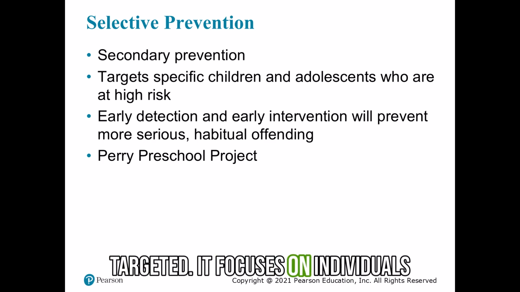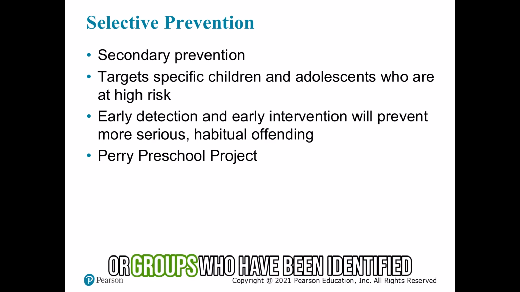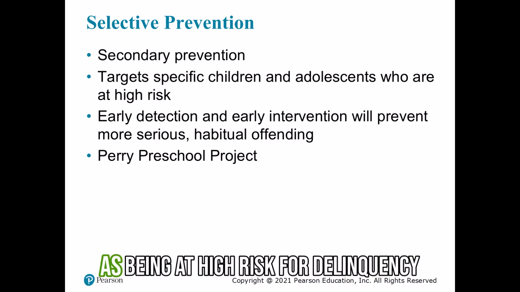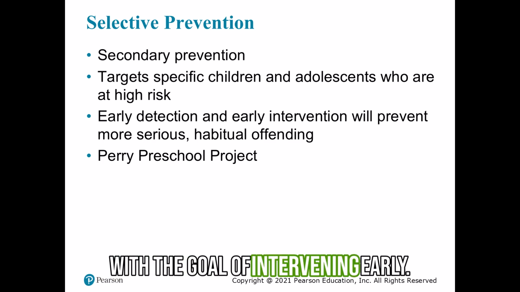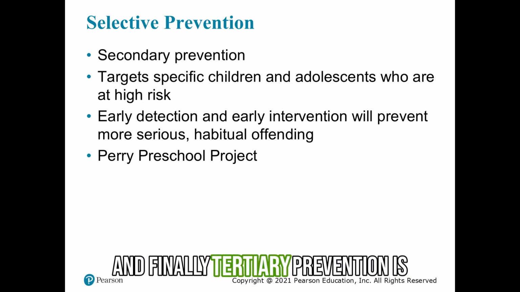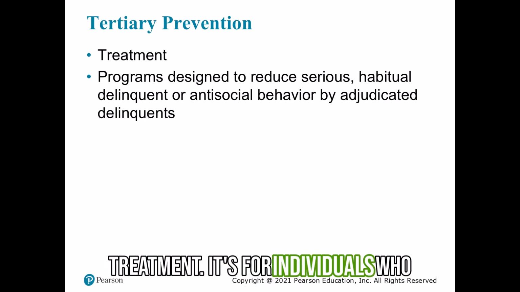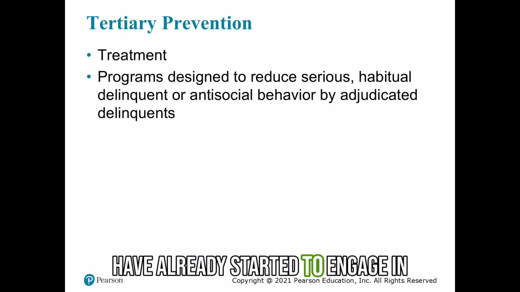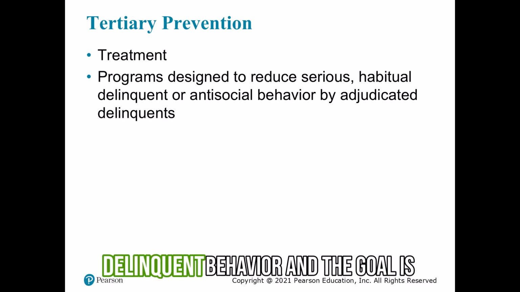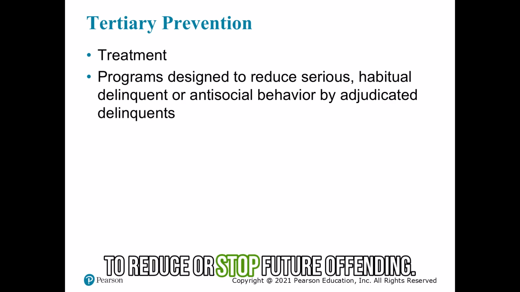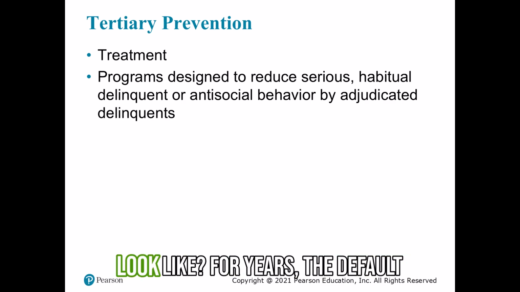It focuses on individuals or groups who have been identified as being at high risk for delinquency with the goal of intervening early. And finally, tertiary prevention is what we usually think of as treatment. It's for individuals who have already started to engage in delinquent behavior, and the goal is to reduce or stop future offending.